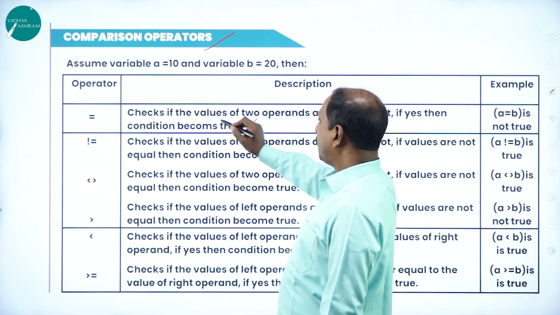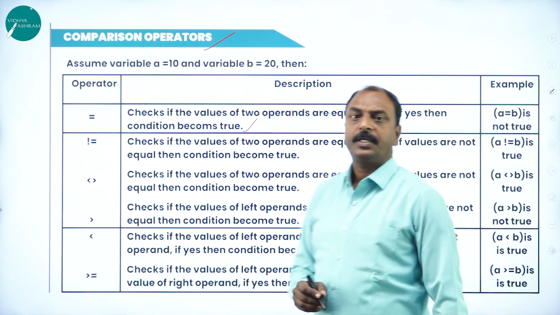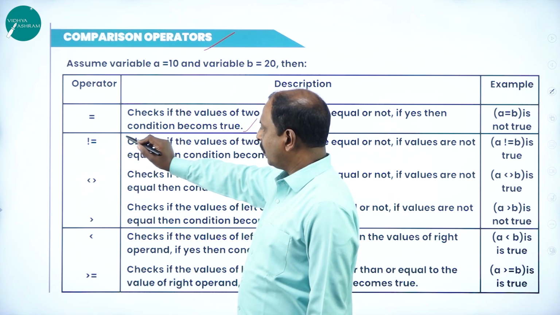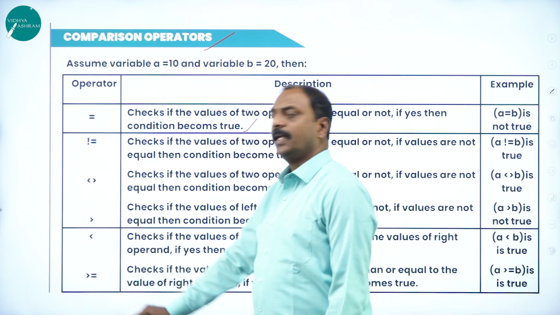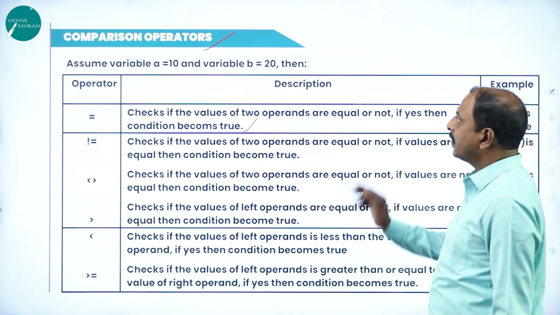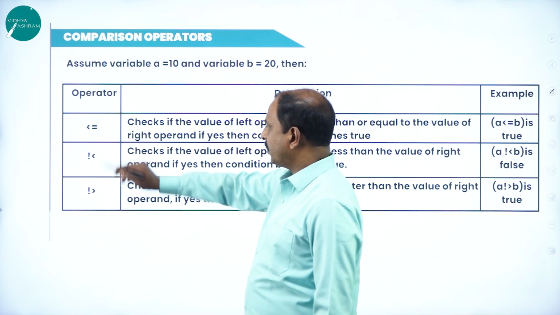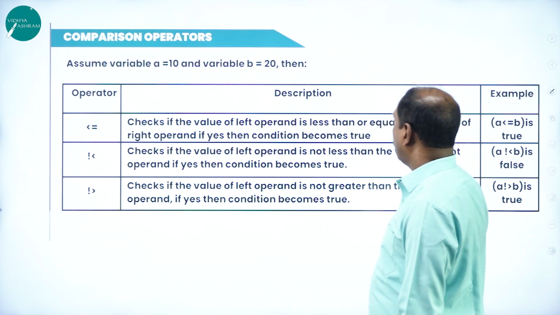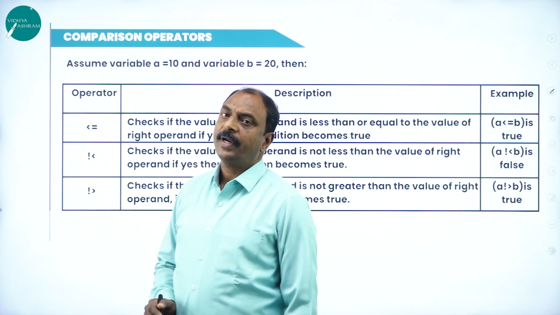If the two are equal, it gives the answer as true, otherwise false. Then there is not equals, greater than, less than, greater than or equal to, less than or equal to, not less than, and not greater than. All these are different comparison operators of SQL.